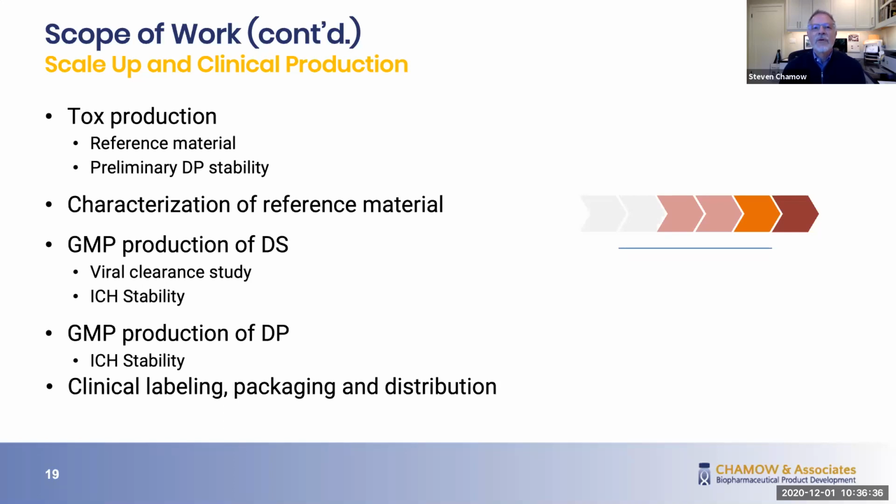Once in a while, not too often, we will get proposals from CDMOs that include stability study designs that are not compliant with ICH, and we really have to scratch our heads about that, but they need to be ICH at this point. And then that goes on to clinical labeling, packaging, and distribution.